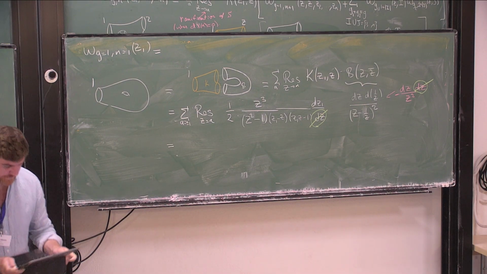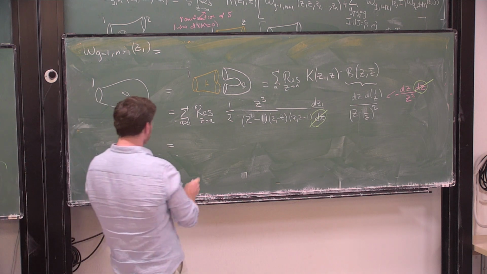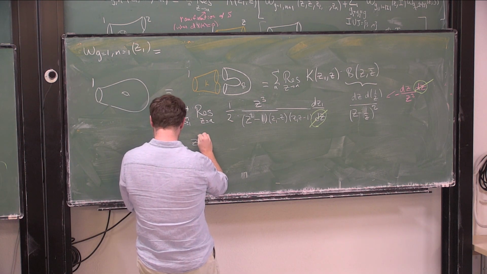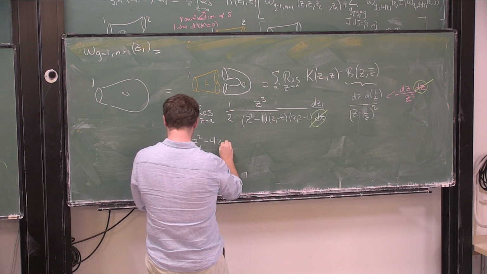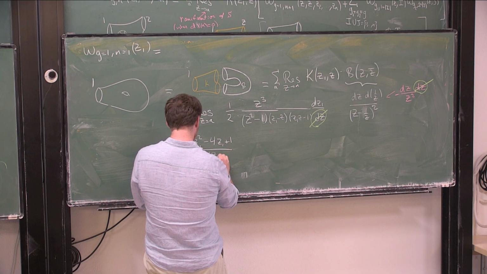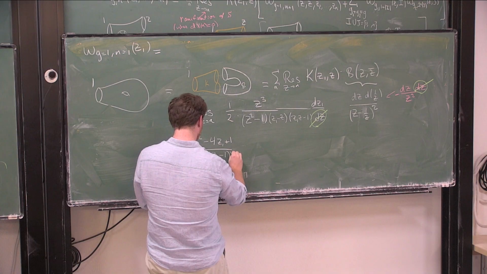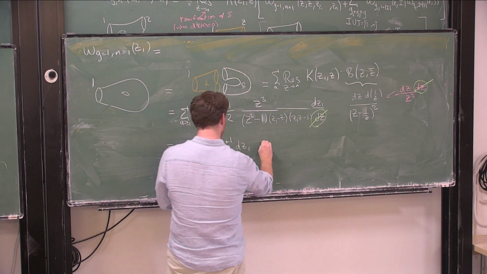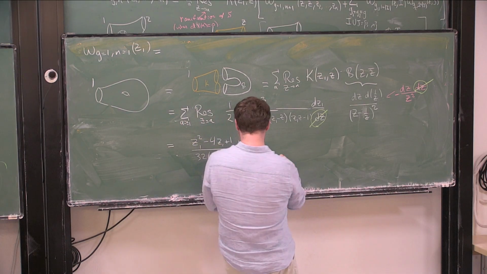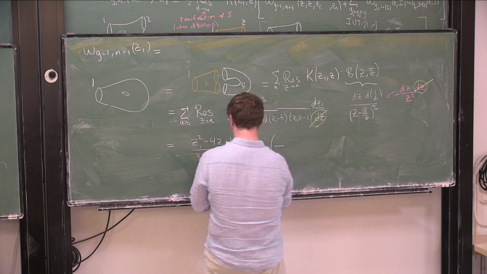We'll write them down. So the first residue at z equals plus 1 is equal to (z1 squared minus 4z1 plus 1) over 32(z1 minus 1) to the 4 dz1. And there's the second residue at minus 1, which is just giving us a minus sign.